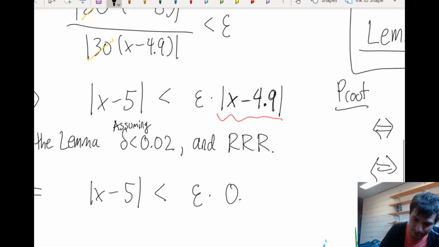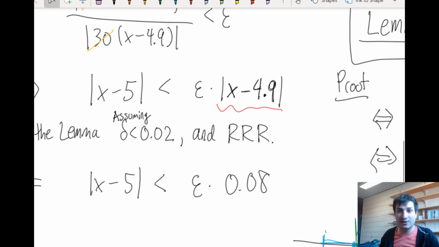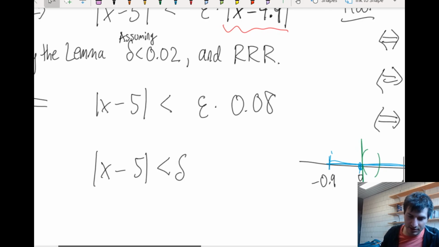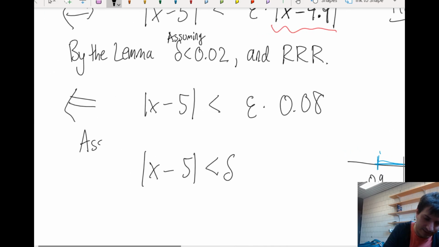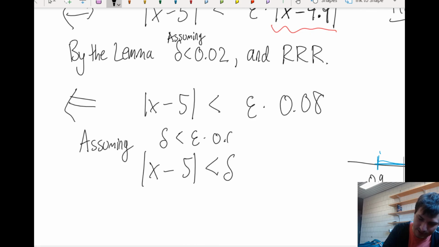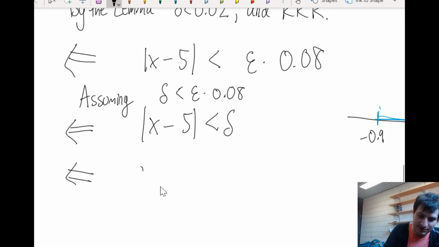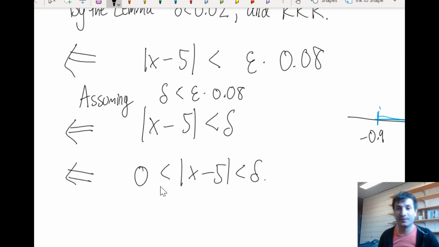Epsilon times 0.08. And now we're in business, because what we wanted to get to was x minus 5 less than delta. So I can do this as long as, assuming delta is less than epsilon times 0.08, then you get this. x minus 5 less than delta, traditional last step, include this 0 thing, 0 less than x minus 5 less than delta. And that is a perfectly good proof.